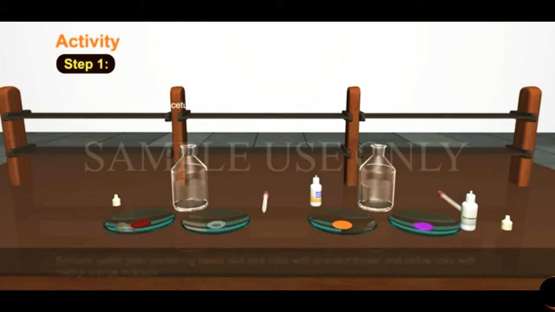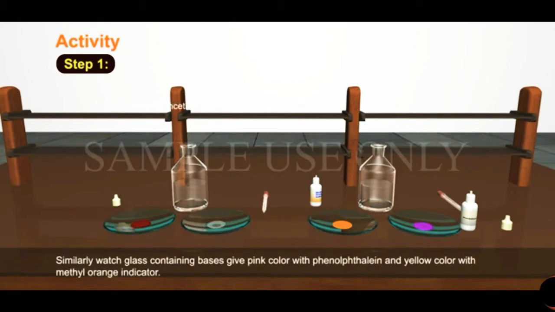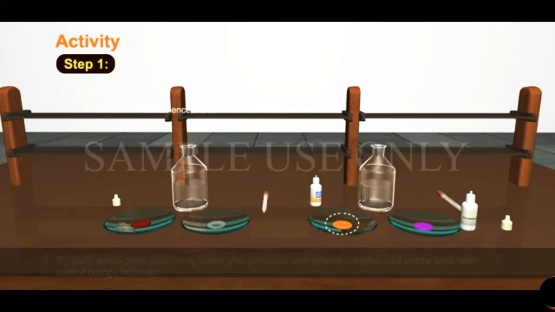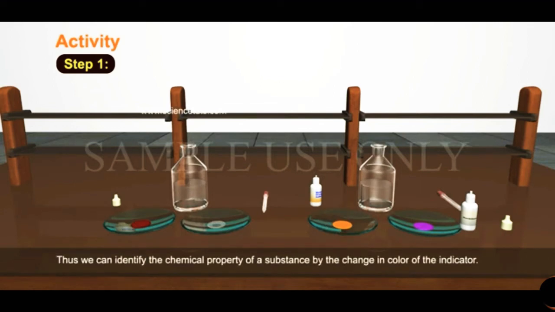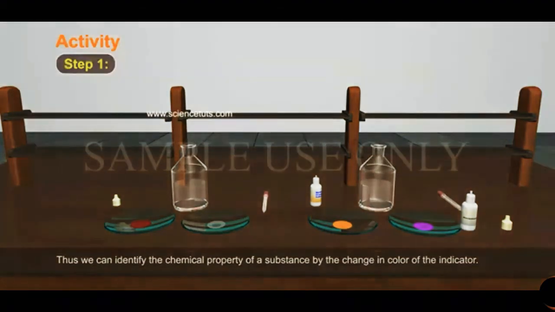Similarly, the watch glass containing bases gave pink color with phenolphthalein and yellow color with methyl orange indicator. Thus, we can identify the chemical property of a substance by the change in color of the indicator.